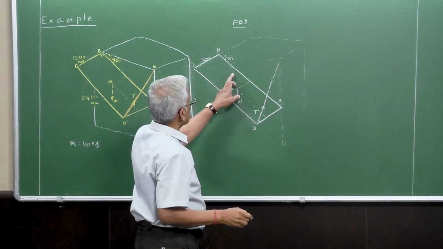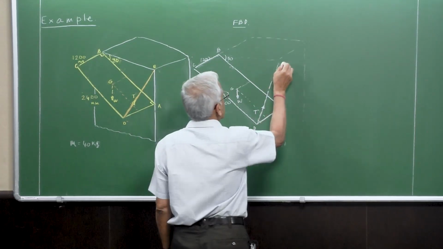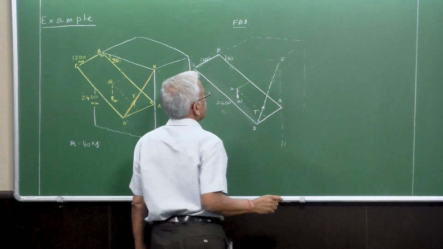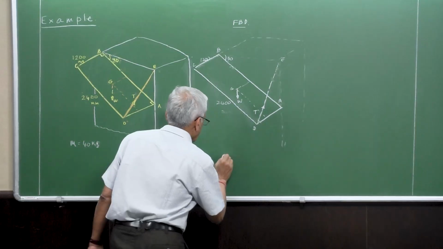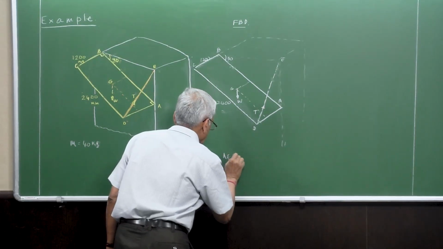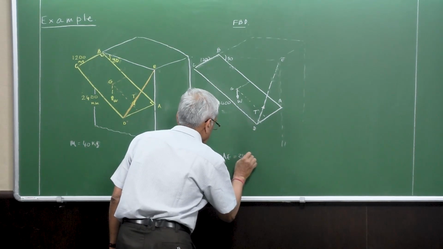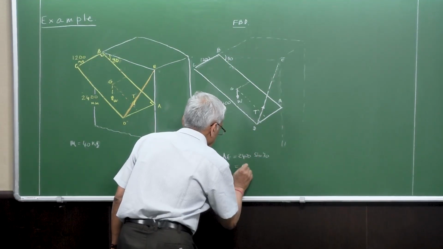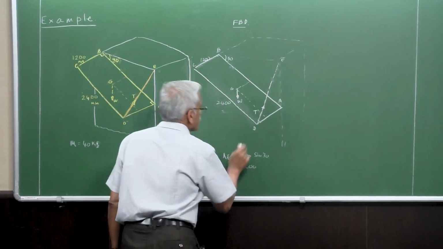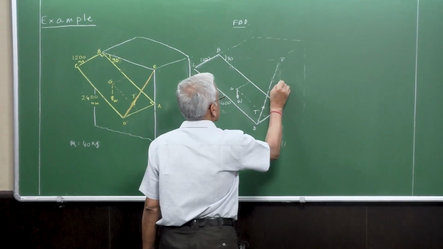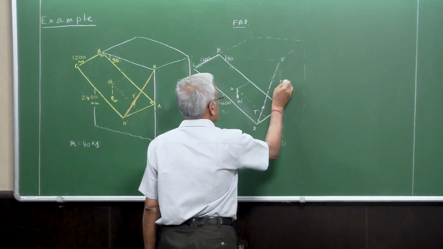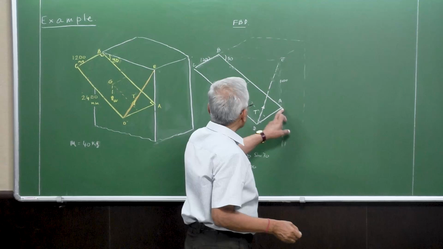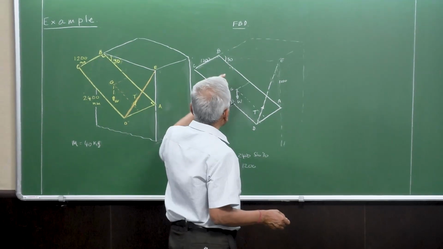So if this is 2400, then this height here, this height AE, is nothing but 2400 into sine 30, 1200, right? So then we have forces at A, and then we have forces at B.